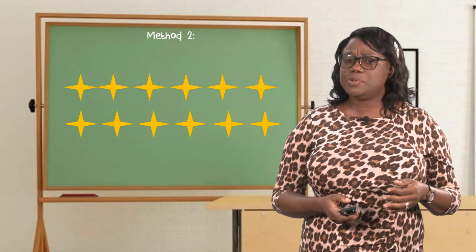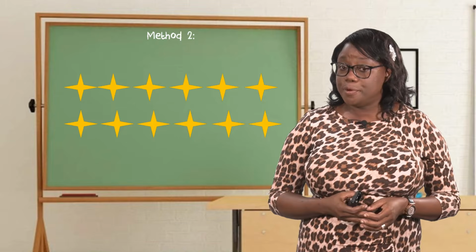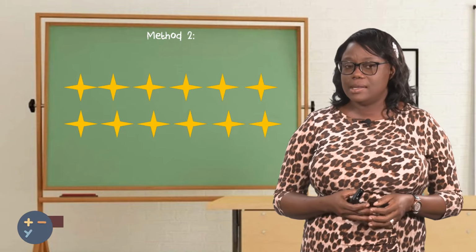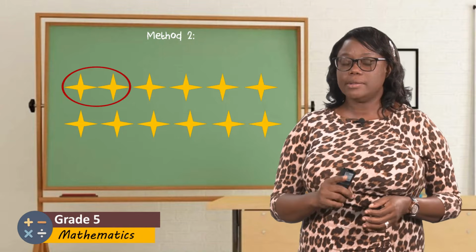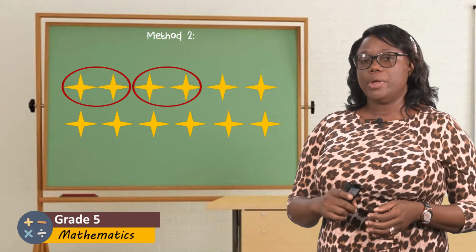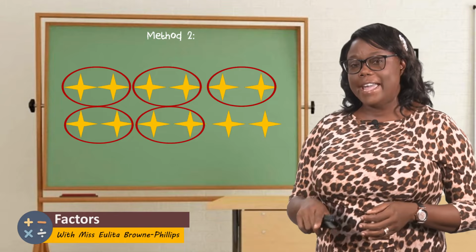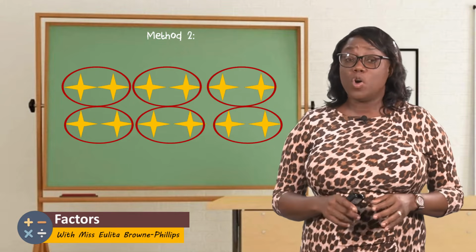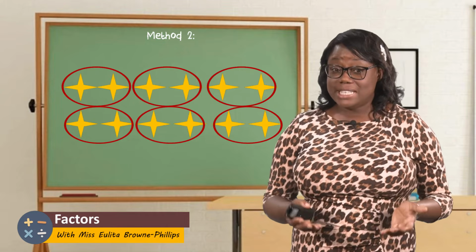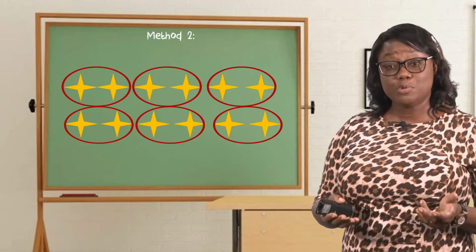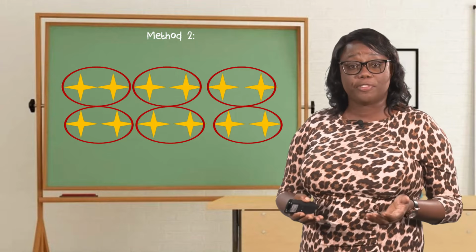Can we put 2 stars into one group? Let's see. 1, 2, 3, 4, 5, 6. Good job. So we see we can get 6 groups of 2 from 12.